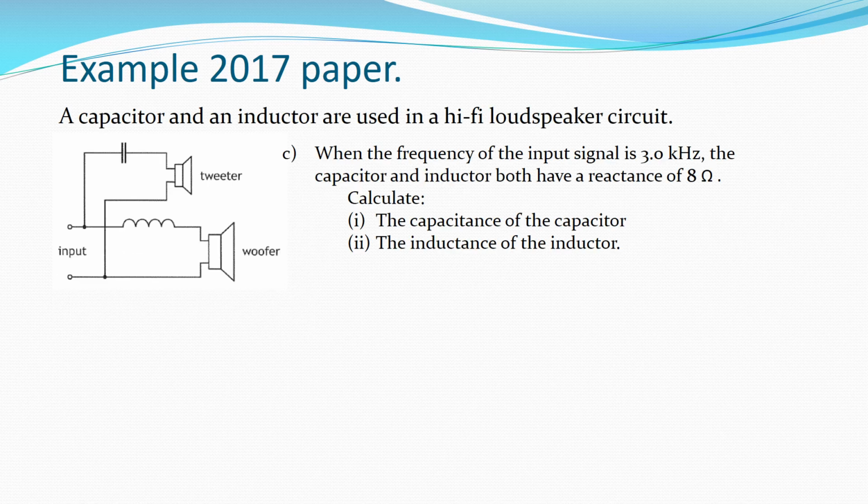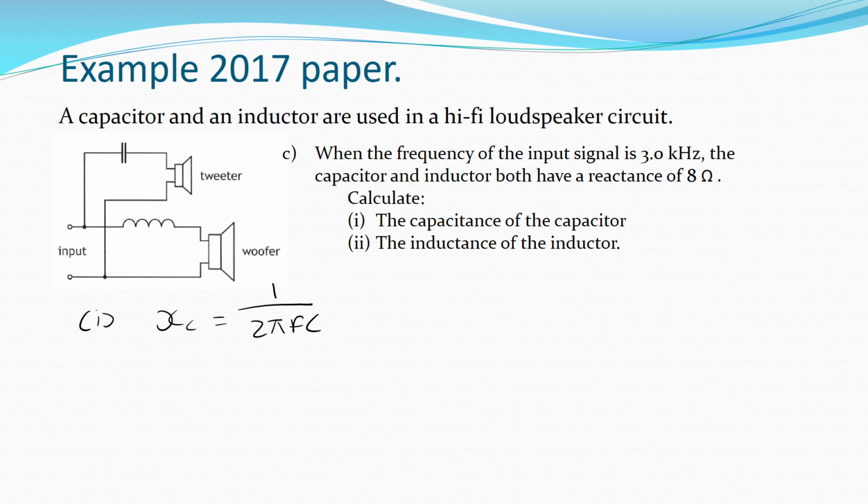In the last part of the question, we're told that when the frequency of the input signal is 3 kHz, the capacitor and the inductor both have a reactance of 8 ohms. What we need to do is calculate the value of the capacitance of the capacitor and the inductance of the inductor. In order to do this, we simply need to use the appropriate reactance equations for each. For the capacitor, capacitive reactance is equal to 1 over 2 pi fC.